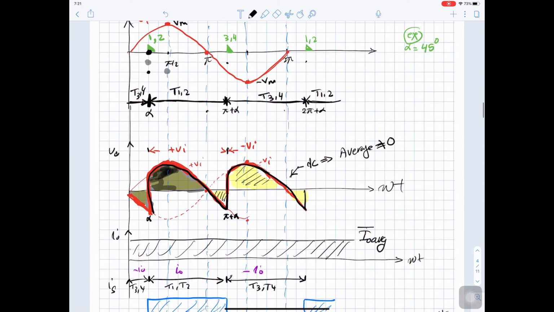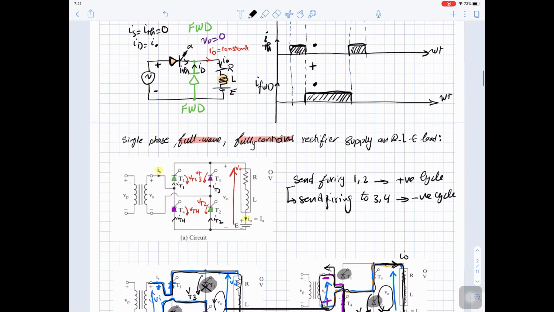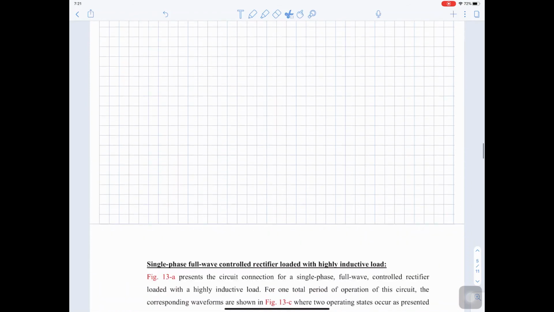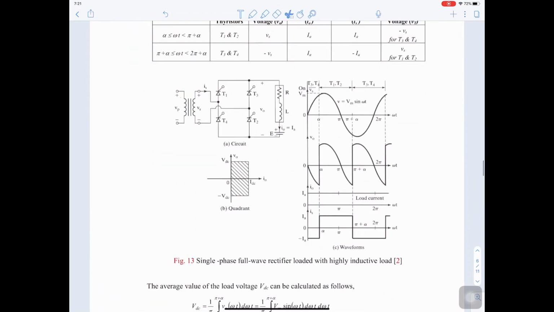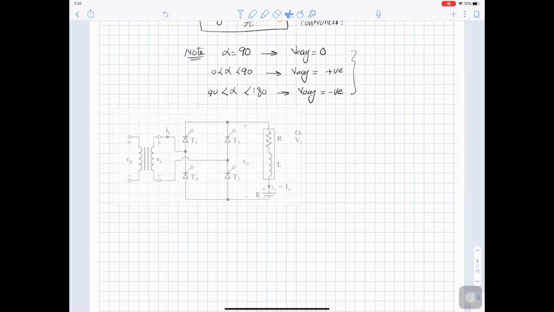But for the current in the load, let's bring the circuit here. So here's the voltage across the load.